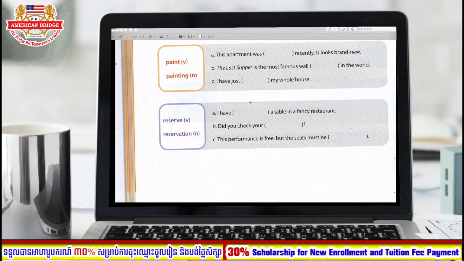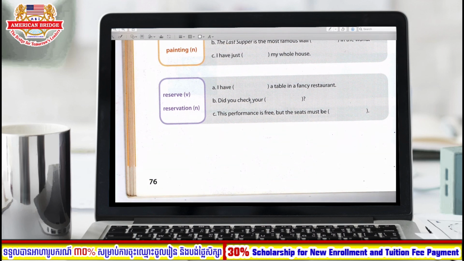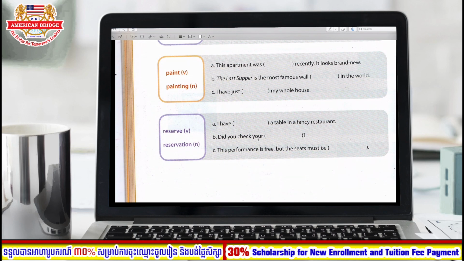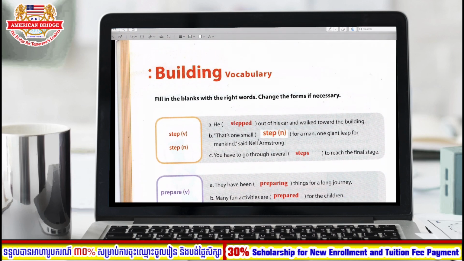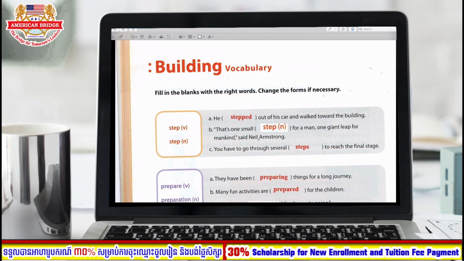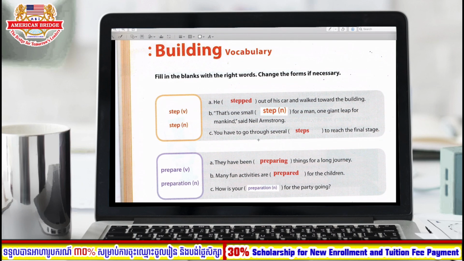So everyone, don't forget to do this exercise in your book on page 76. It will be very helpful for you. Since this is just a one page lesson, it's going to end right here. So I hope you get some idea about how to do this type of exercise in your book.